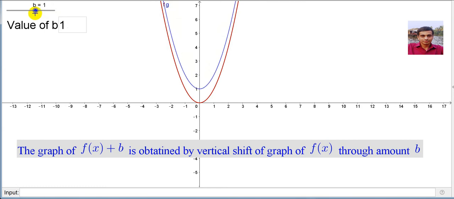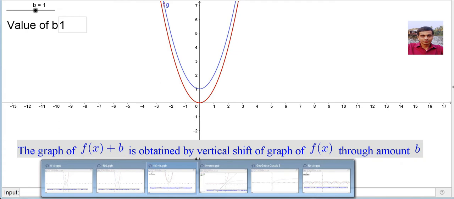So this technique is very useful to draw the graph of f of x plus b when we know the graph of f of x. Remember, the graph of f of x plus b is obtained by vertical shift of the graph of f of x through amount b.